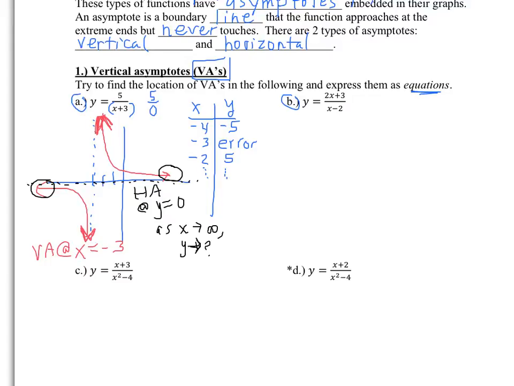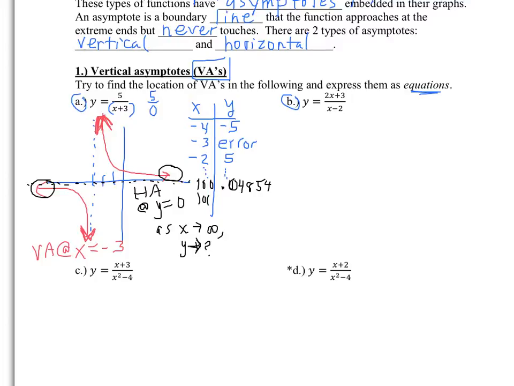So as x approaches infinity, what I would like you to do is go to your table of values and go to your table setup and put in 100 for x. If you were to put in 100 for x, the y value would be 0.04854. Okay, so it looks like it's getting pretty darn close to 0.